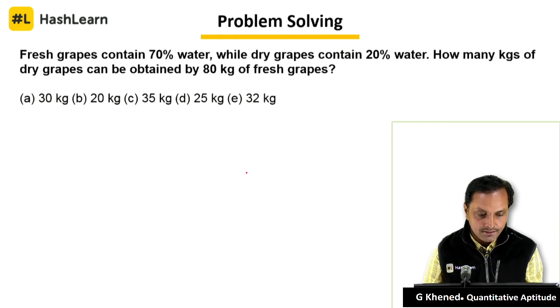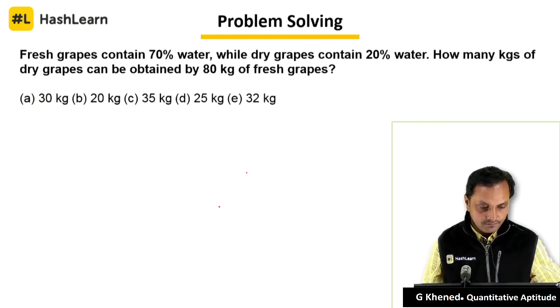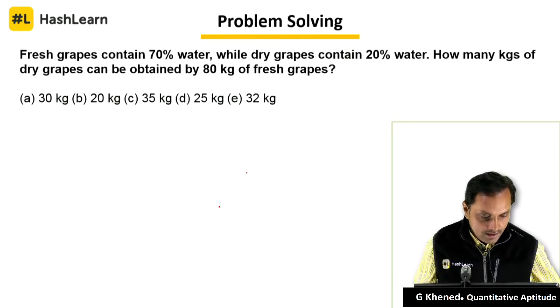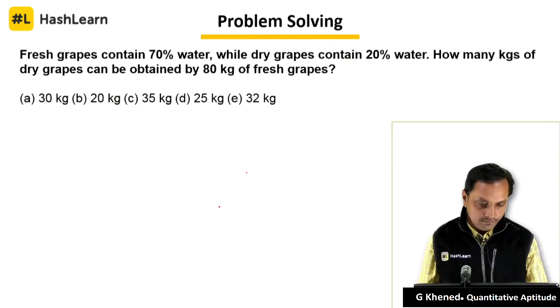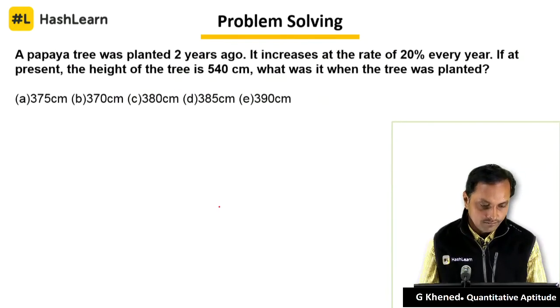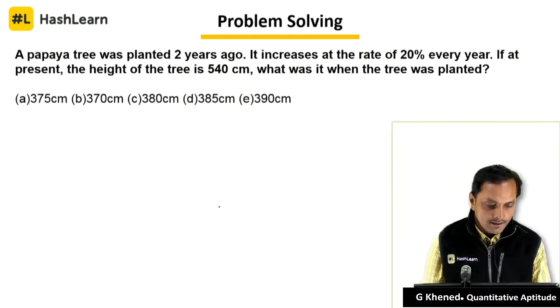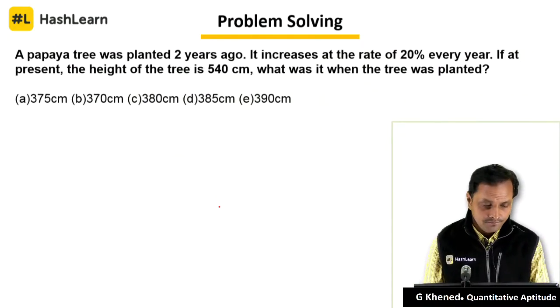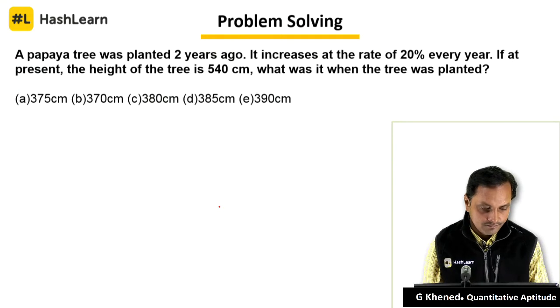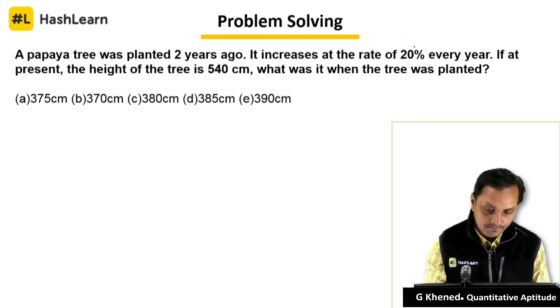The next is there is a papaya tree. A papaya tree was planted 2 years ago. It increases at the rate of 20% every year. Okay.